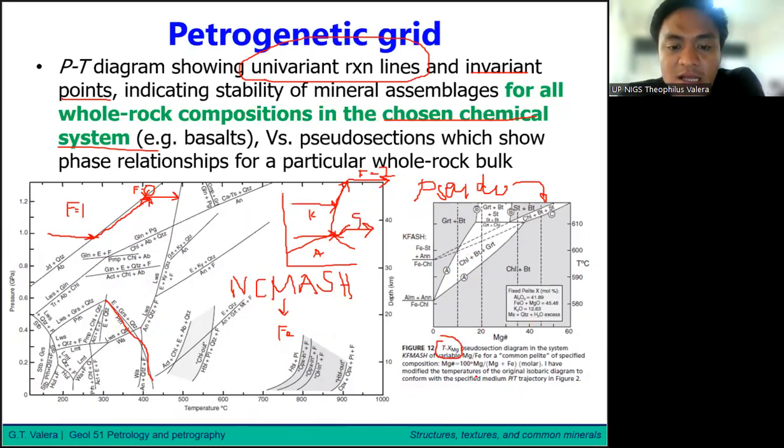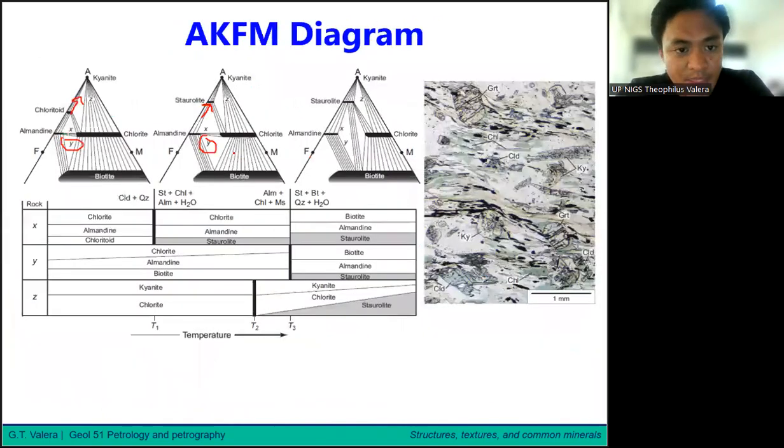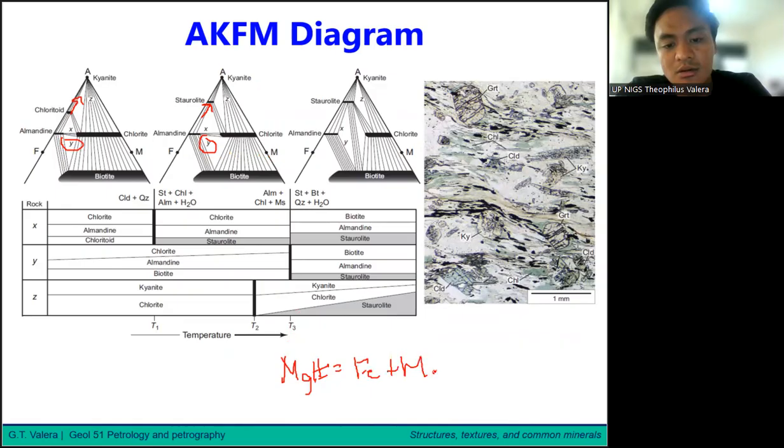So what it tells you is that if yung magnesium number ng bulk composition mo is 20, for example, a bulk composition of 20 here, it would be 20% lang yung magnesium niya, and 80% is iron. Kasi di ba, Mg number equals Mg over Fe plus Mg.